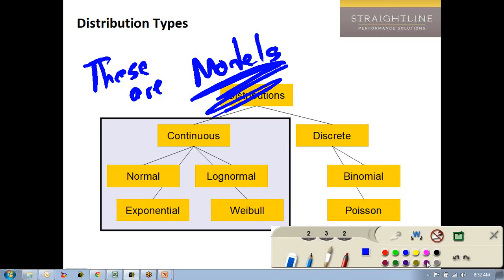Okay? They're abstract things that we use to say, I think the process is like this. And because they're easier to deal with than real data you have to go out and collect every time you want it, we can use these to generate data or to answer questions that we normally wouldn't be able to answer. But in the real world, no data are truly normal. Okay? They follow whatever their process is. And these are just abstract models that people have built.